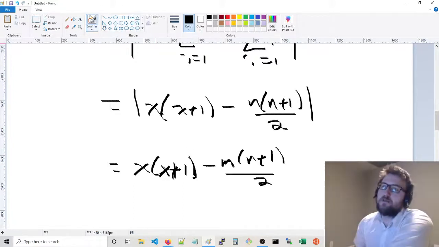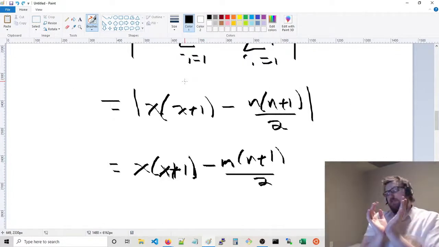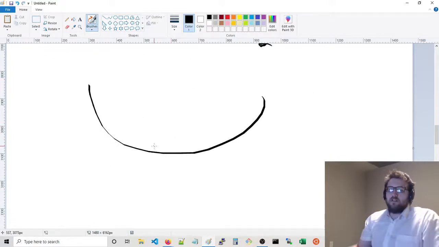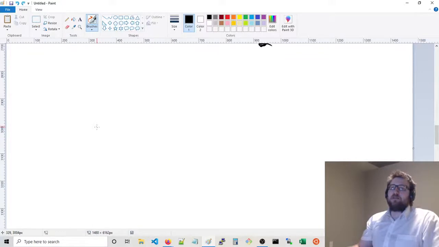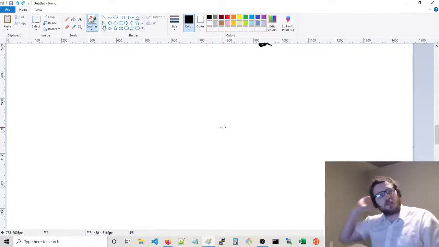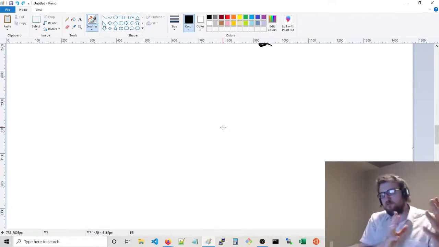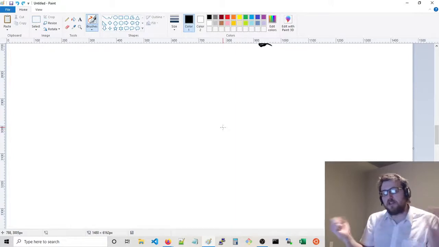This function, the absolute value, looks something like this, where if x is really small, the difference is very large, and then as x gets larger, there's a certain point where things shift, where it gets very close to 0, and then after that, things start getting larger again because the other side of the equation gets bigger, if that makes sense. Because basically what you're doing is moving more elements to one sum, taking from one sum and giving to another sum.